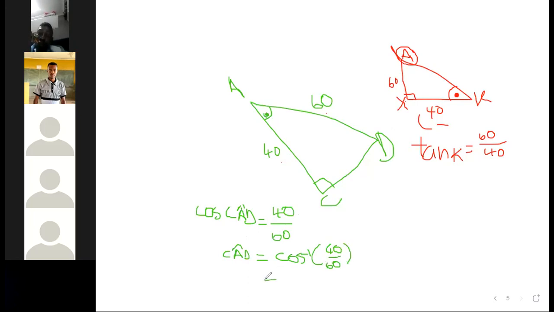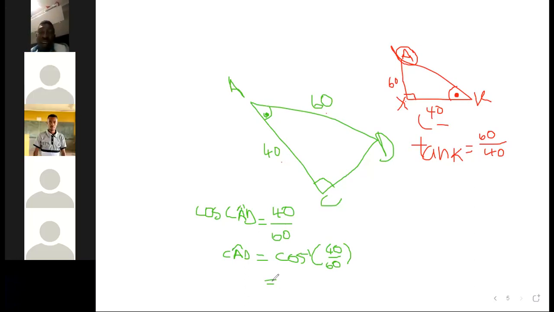What is it equal to? So I'm still getting 48.19. Are we doing the cos though?